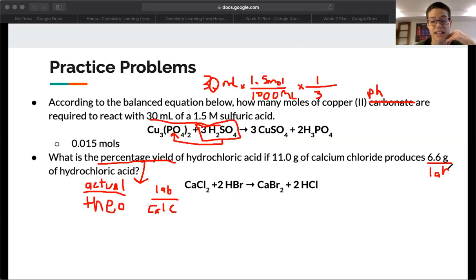And the problem is set up such that you have to take this other amount and calculate it. So I've got this and I need to go to this. So it's just setting up a mass problem. Converting the grams of calcium chloride to moles of calcium chloride, moles of calcium chloride to moles of hydrogen chloride, and then moles of hydrogen chloride to mass.